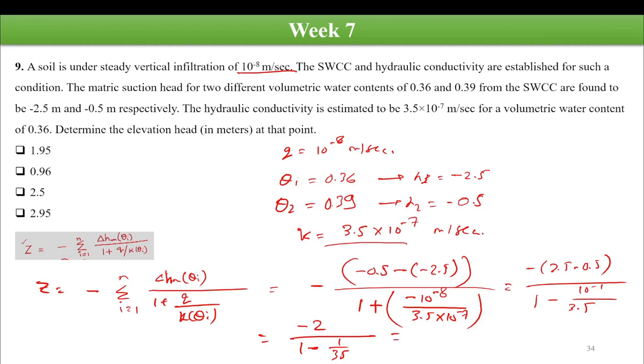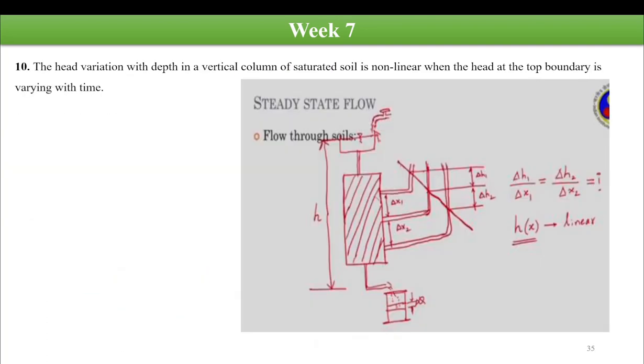That will be equal to 1 upon 35, and if we subtract it from 1, it is minus 2 upon 0.97. That's going to give you minus 2.06 meter. So that's basically close to the value of 1.95, so we can take this solution of 1.95. While solving, please cross check if there are any errors.